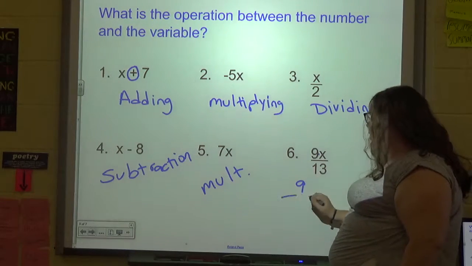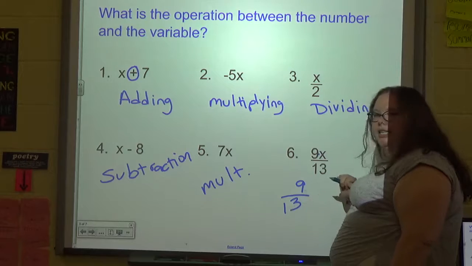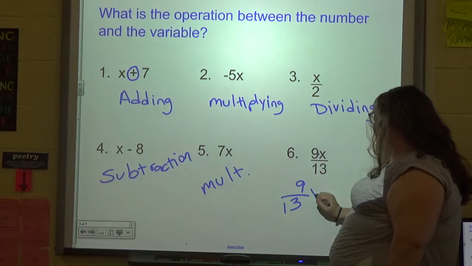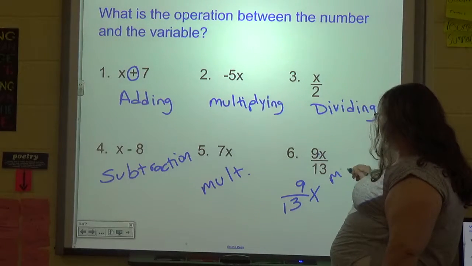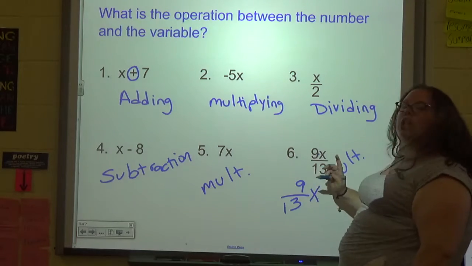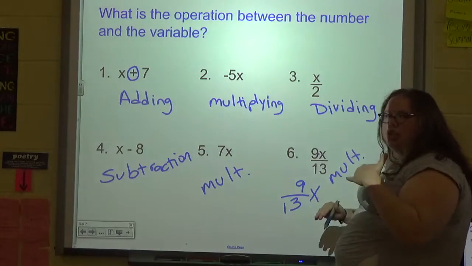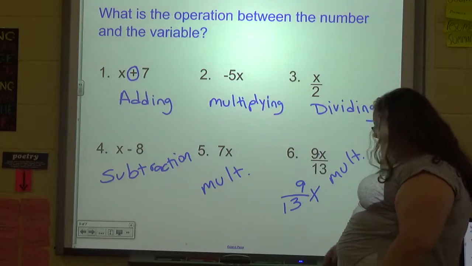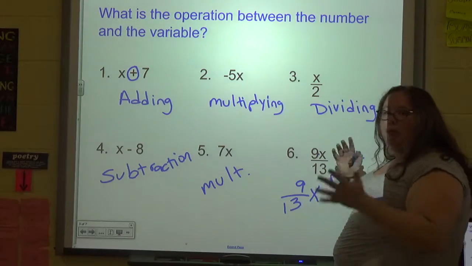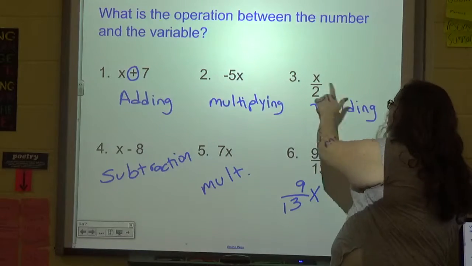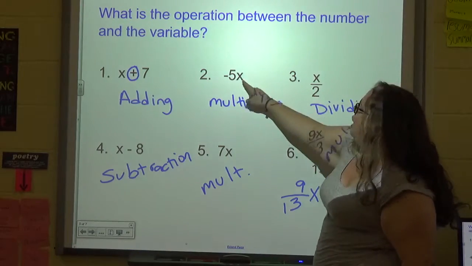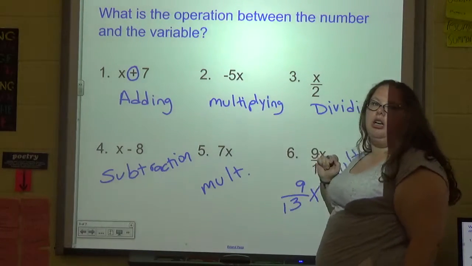One way of rewriting this is 9 over 13x. So I would say this is multiplication also. You can also think of it as dividing by 13. It's division and multiplication at the same time. Alright? So that's important to know before we solve an equation. We have to be able to recognize what's happening between each of these terms.